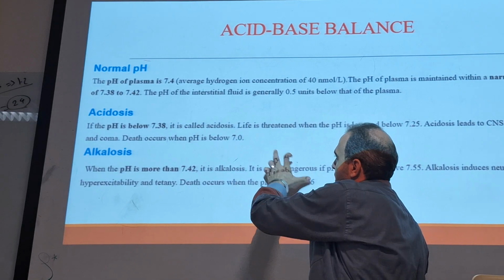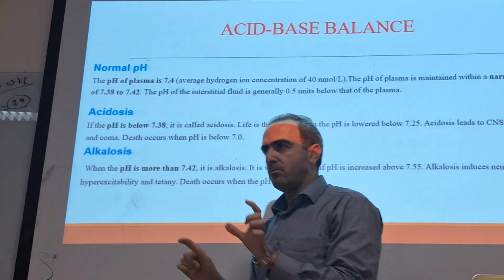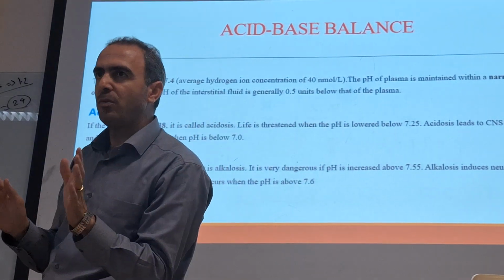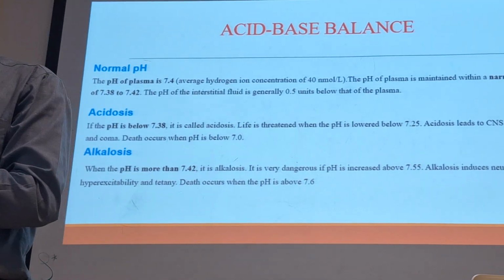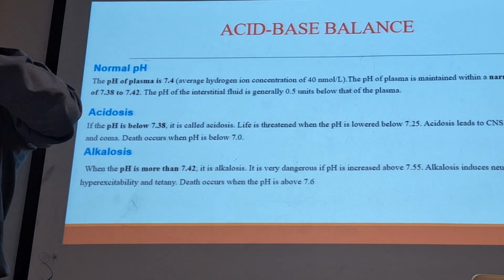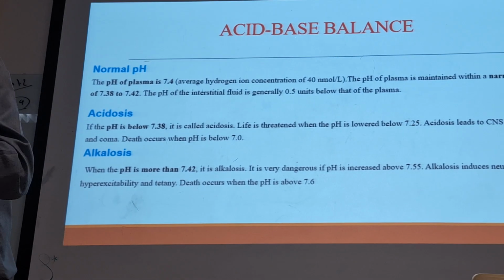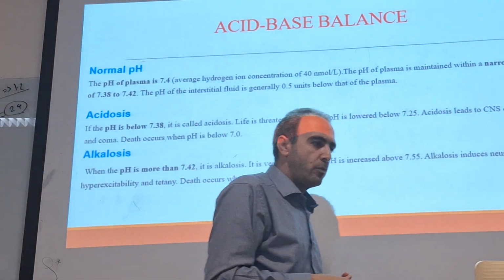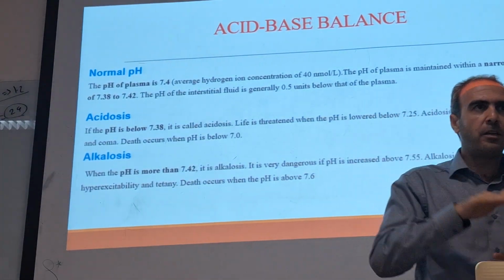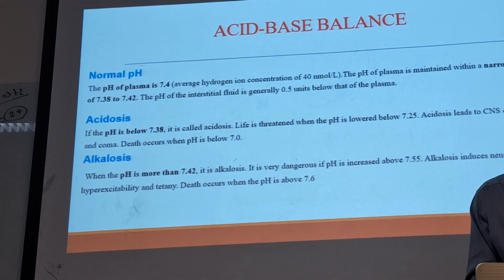So between 7 and 7.6, just 0.6, if your pH decreases or increases it leads to this. You can find out it's so important for our life to regulate the acid-base balance.